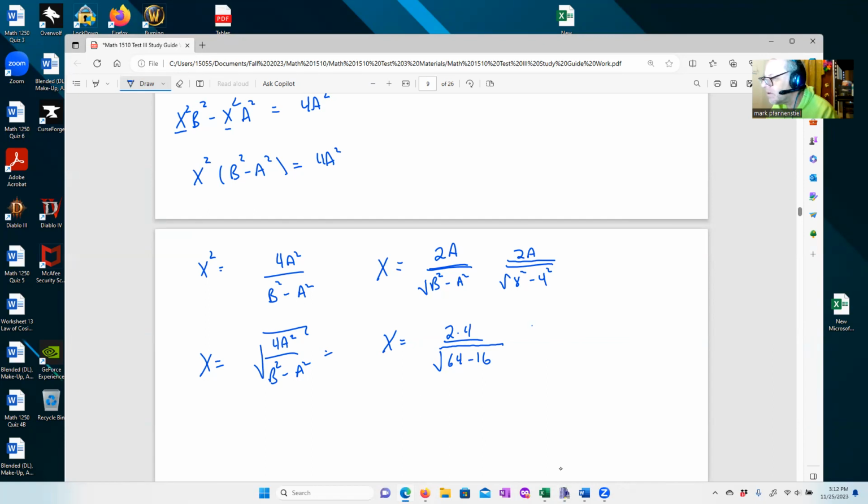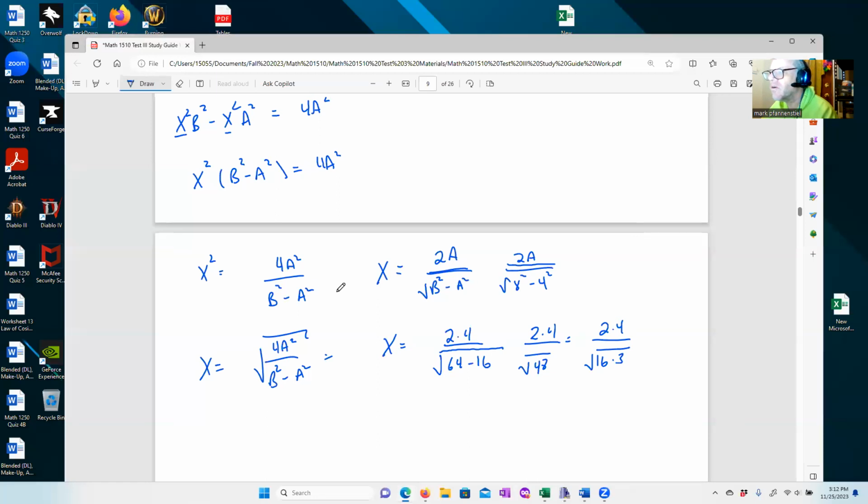So I've got 2 times 4 over the square root of 48 under here. The square root of 48 is, I mean, 48 is really 16 times 3. So we're going to say this is 2 times 4, this is the square root of 16 times 3. Okay. So we're going to double check us on that. Okay, just making sure.